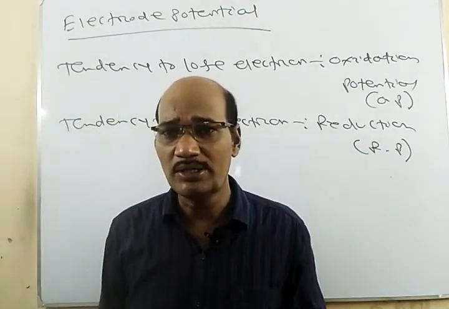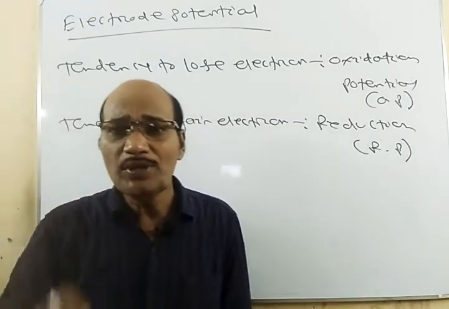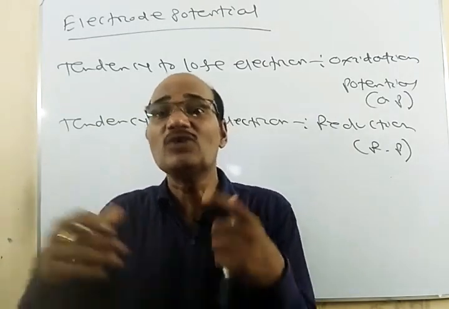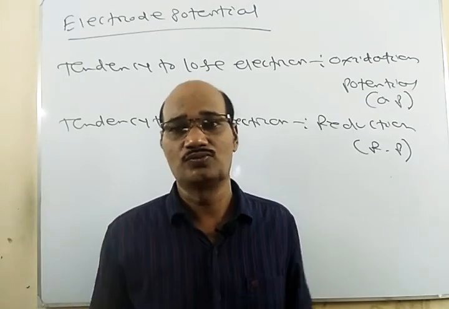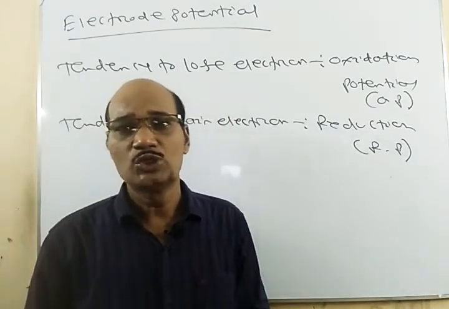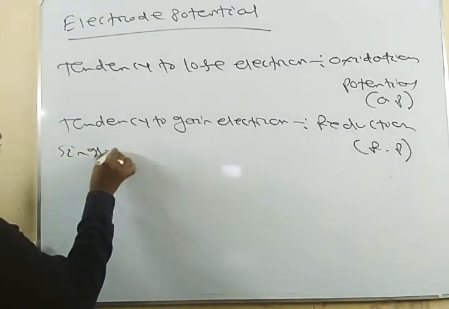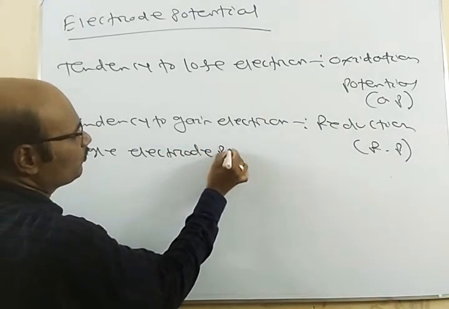We cannot calculate the absolute value of the potential, so we have to couple it with another one, and then the potential becomes the difference of the two. So for this purpose, what are we doing to calculate the single electrode potential?